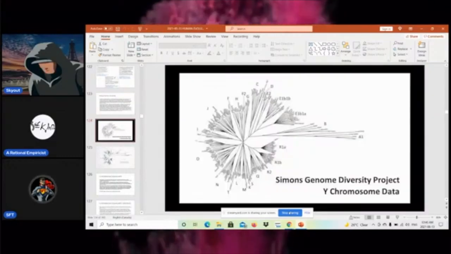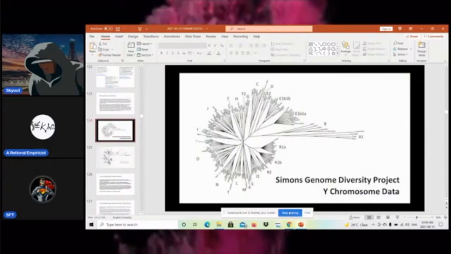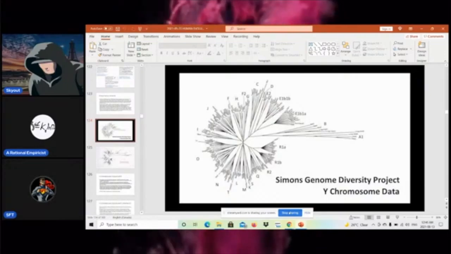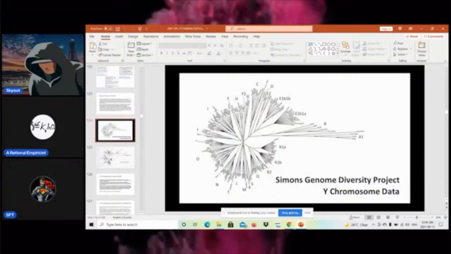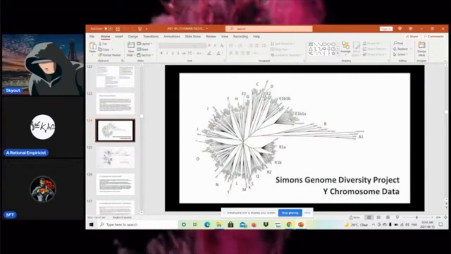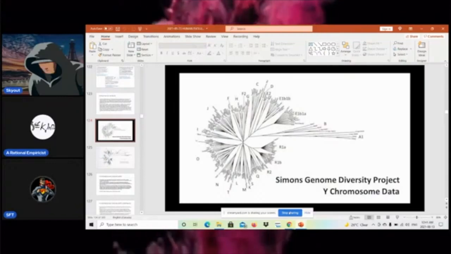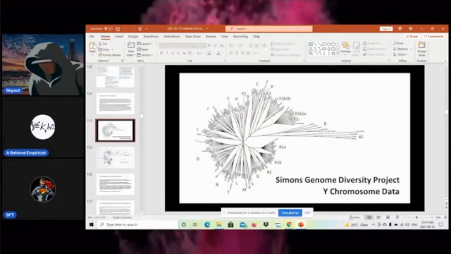Because remember, this Y chromosome tree is Y chromosomes not from just one subgroup of people, but from all people groups. This is all a reflection of DNA differences, a reflection of mutations over time in all people groups in terms of the Y chromosome here.